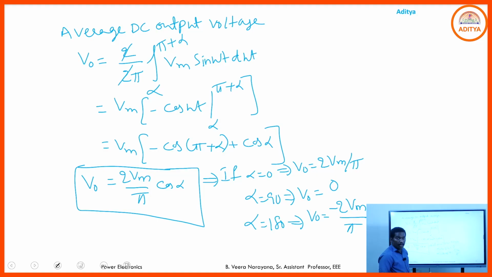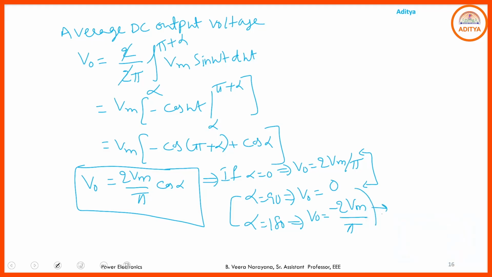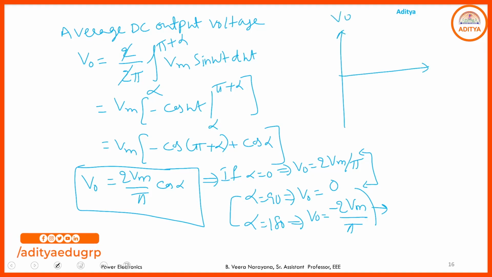If you vary the firing angle from 0 to 90, you get positive output voltage, which varies from 2Vm by pi to 0. If you vary from 90 to 180, then the output voltage is negative, that is 0 to minus 2Vm by pi.